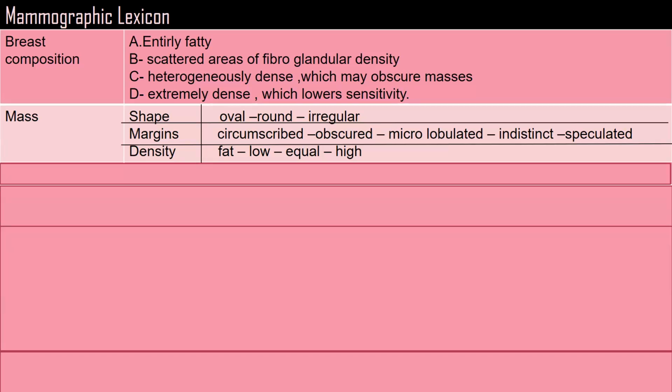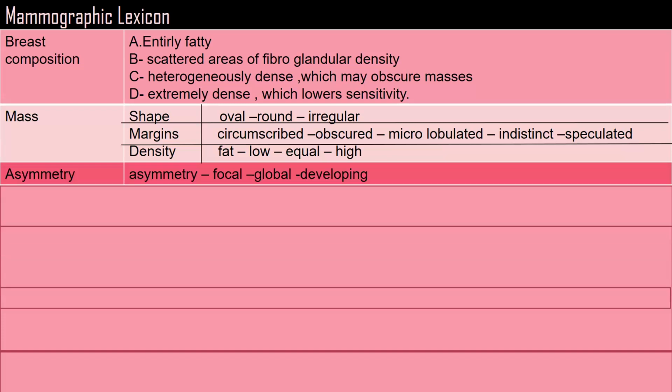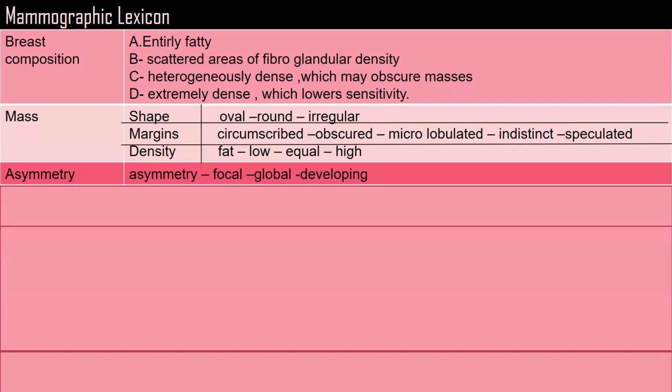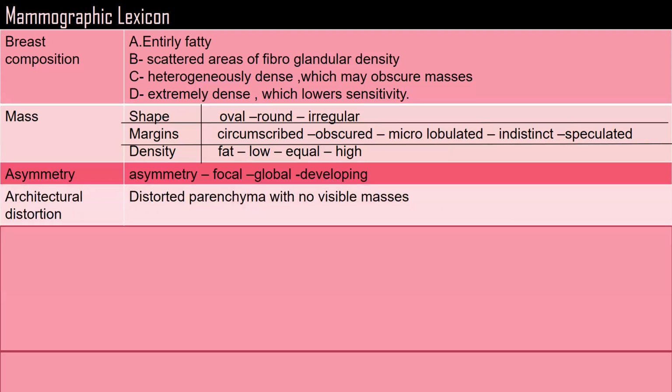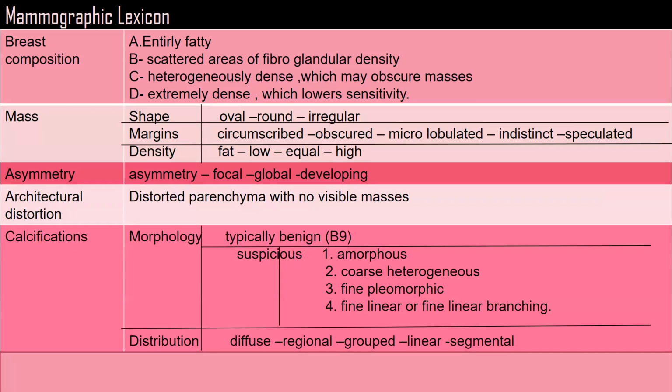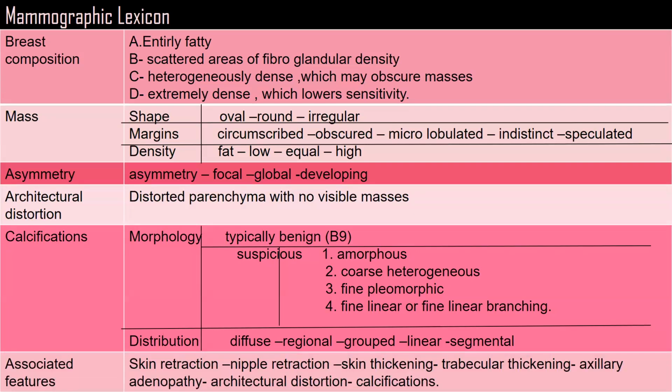The shape is described as oval, round, or irregular; the margin as circumscribed, obscured, microlobulated, indistinct, or spiculated; the density as fat, low, equal, or high density. Then asymmetry, as you know: asymmetry, focal, global, developing. Architectural distortion is when there is distorted parenchyma without a visible mass. The calcification, as you know, is described by morphology and distribution. We are going to discuss it in detail later.